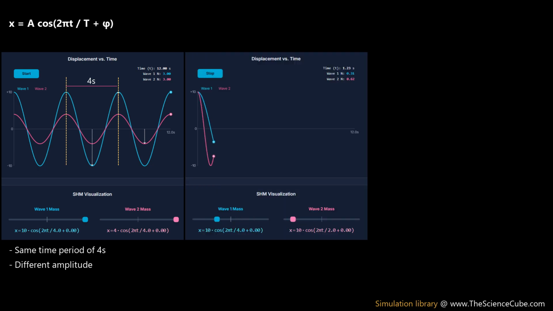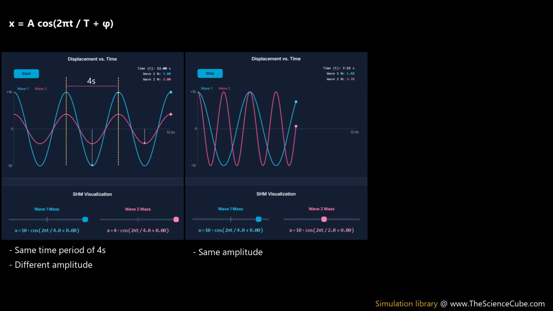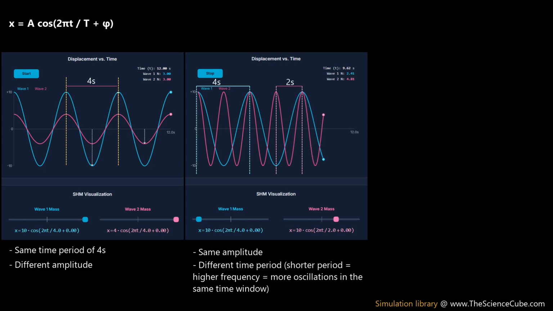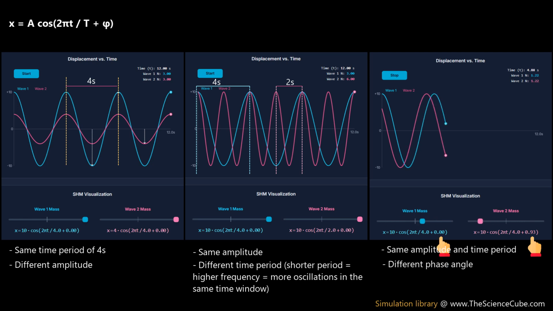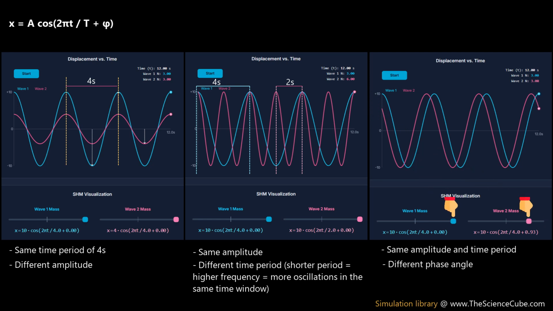Here in the next one, we see the simple harmonic motion have the same amplitude but different time periods. And here in the third set, we find both the waves have the same amplitude and time period but a different phase angle, which essentially means the particle that corresponds to the red wave starts at a different initial state.